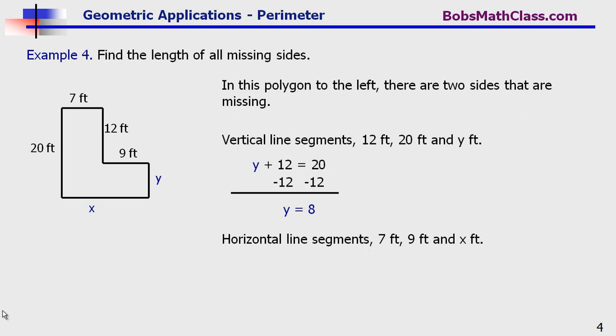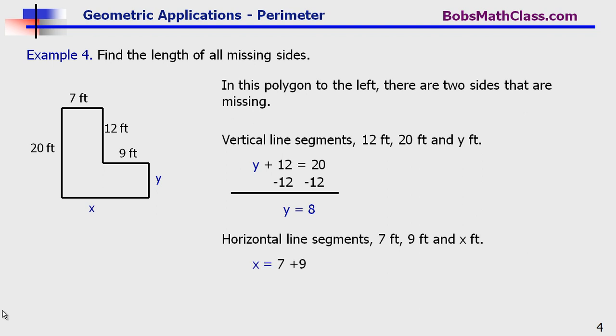Now let's look at the horizontal line segments. We have a smaller horizontal segment 7 and a larger horizontal segment 9, and the largest is X, that we do not know what it is yet. So what is the value of X?